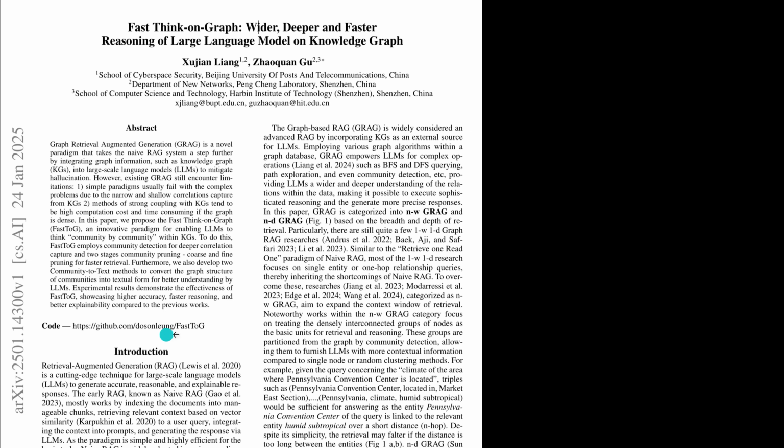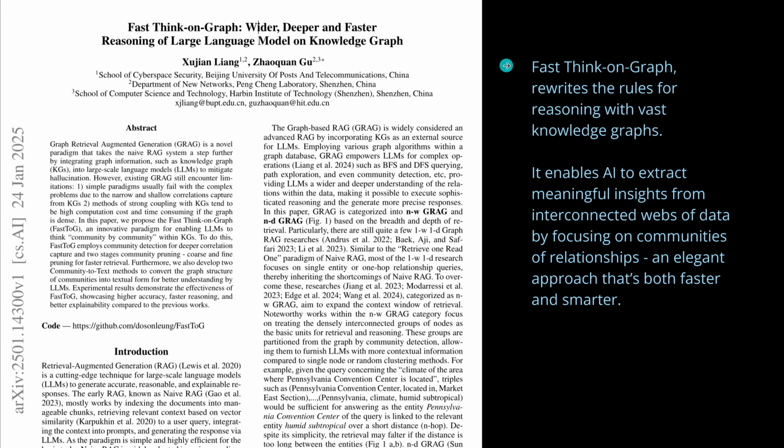I often ask, hey, where is the code? This is always the link to the code, the GitHub provided by the authors, and this is the best code resource for this particular problem. Great. So what it does, this fast thinking on graph, it really rewrites the rules for reasoning if we work with a vast knowledge graph, a huge knowledge graph, millions of edges and nodes and whatever.